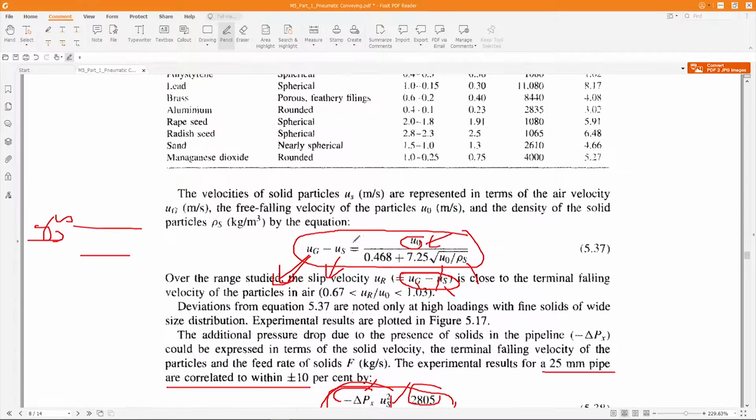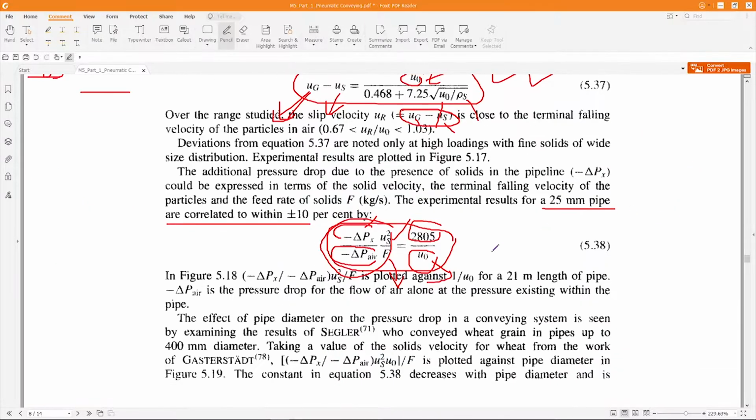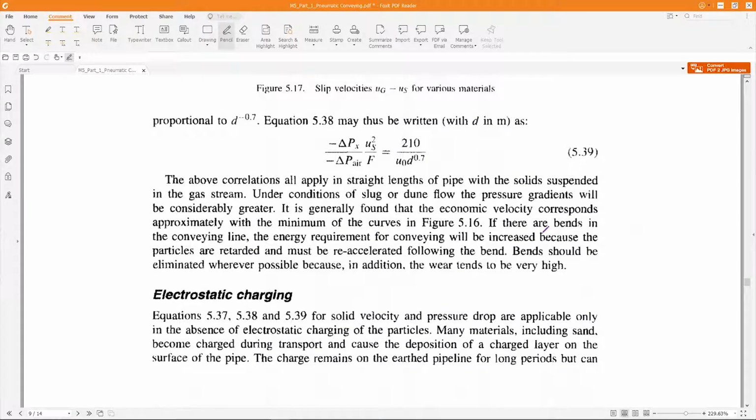So you can predict the solid velocity using this, and with the help of this table. Also, you can predict the pressure drop, delta P x. You can use this equation if your pipe diameter is given.